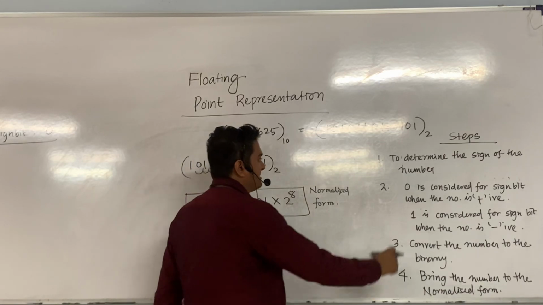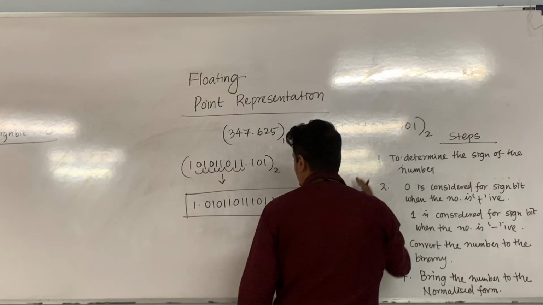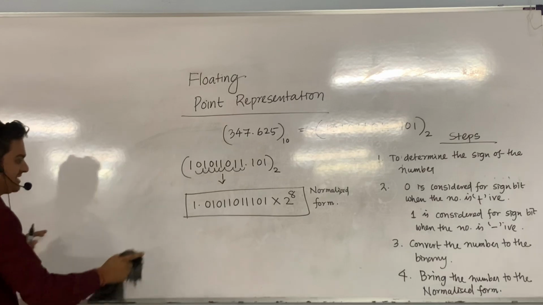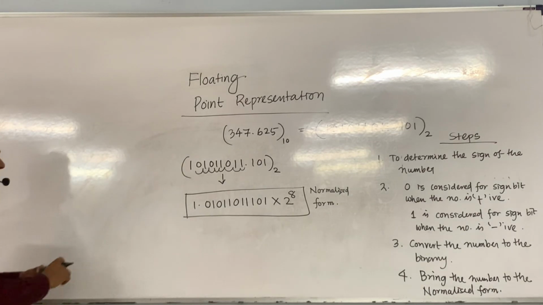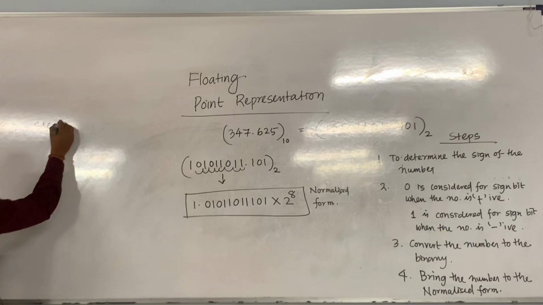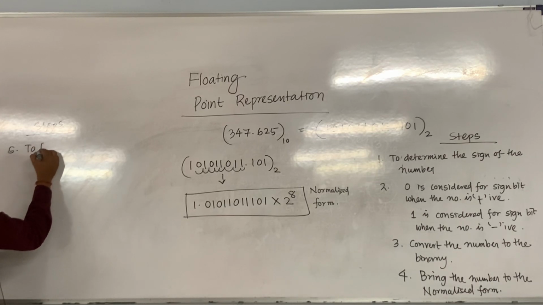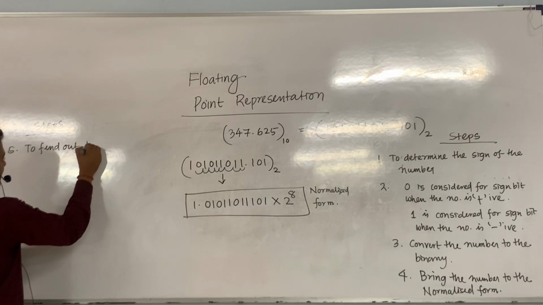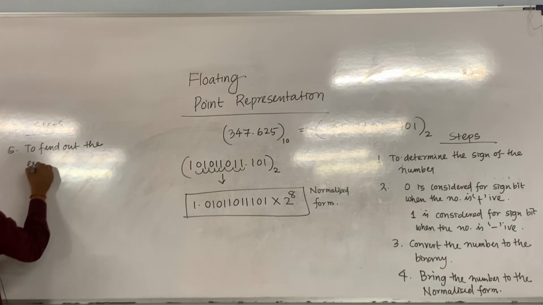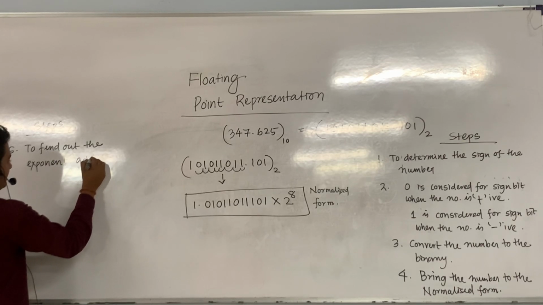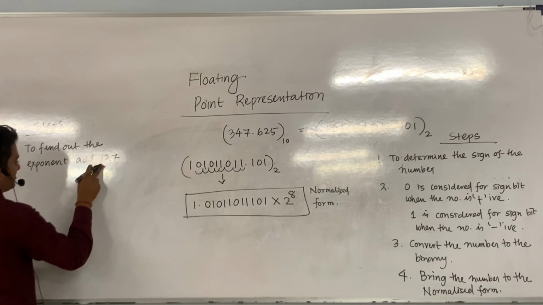So the next step is, here the space is less, so let me write the further steps here. Step number 5, that is to find out the exponent, add 127.